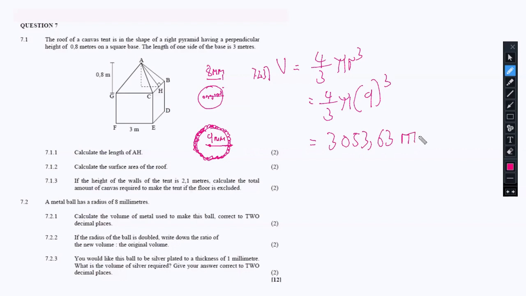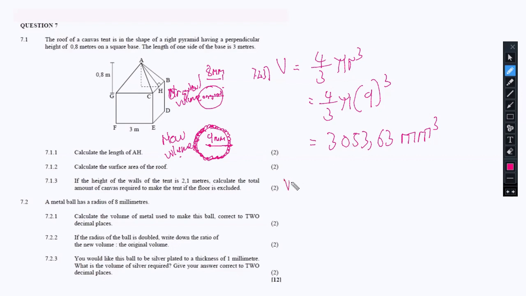And then if you calculate that new volume there, it's going to give you 3,053.63 millimeters cubed. But if we want the volume of the silver that was used to plate the metal ball, then this is what we need to do. We need to take the original volume and subtract it from the new volume. The difference between the new volume and the original volume will be the volume of the plating, or the volume of the silver that was used to plate the metal ball.